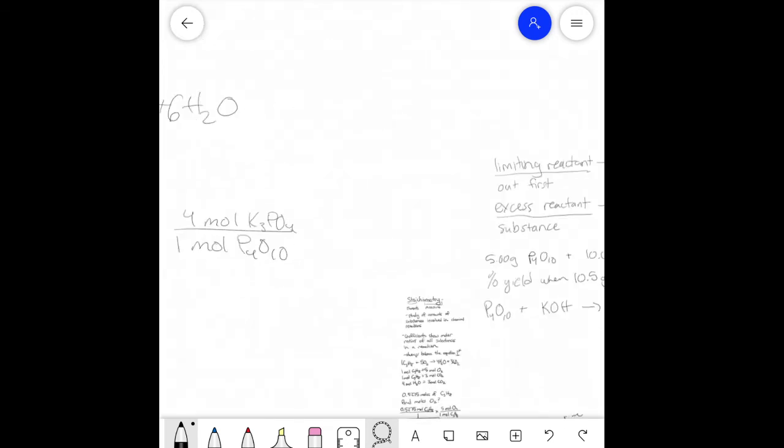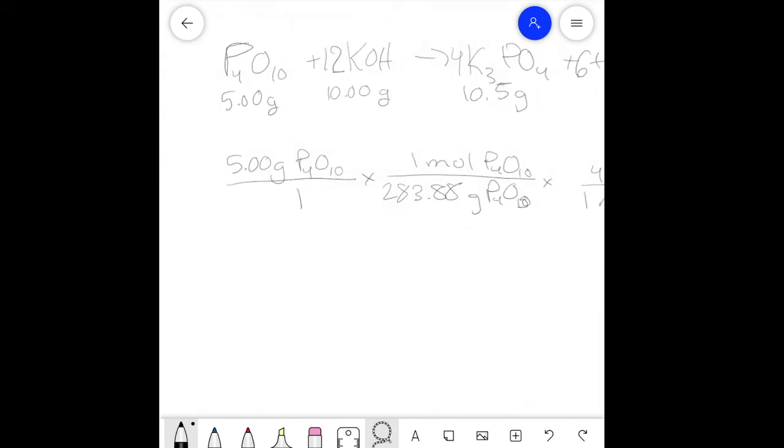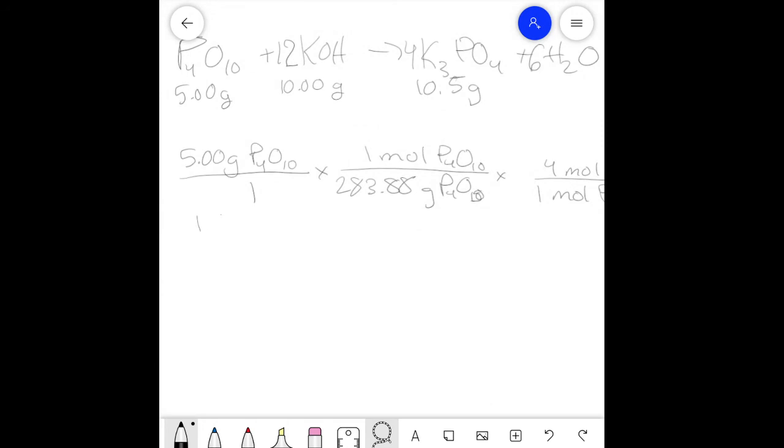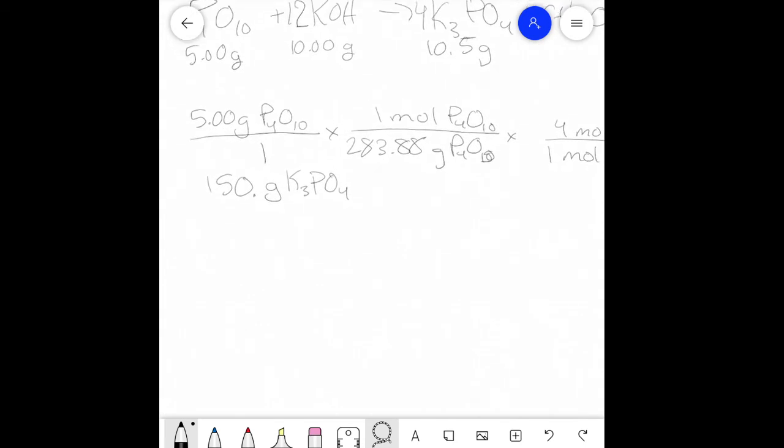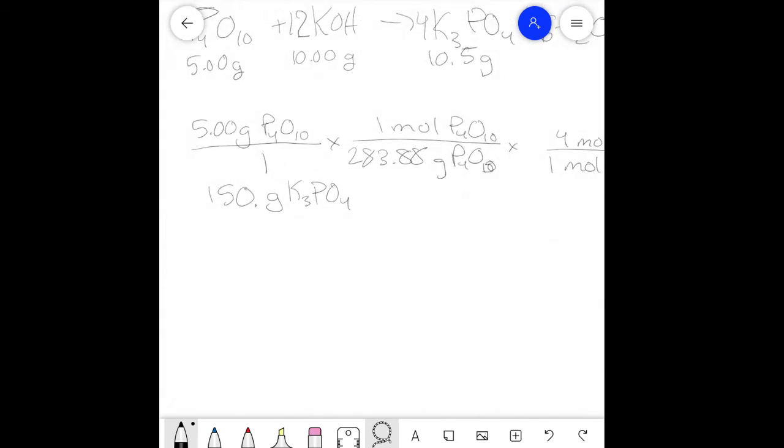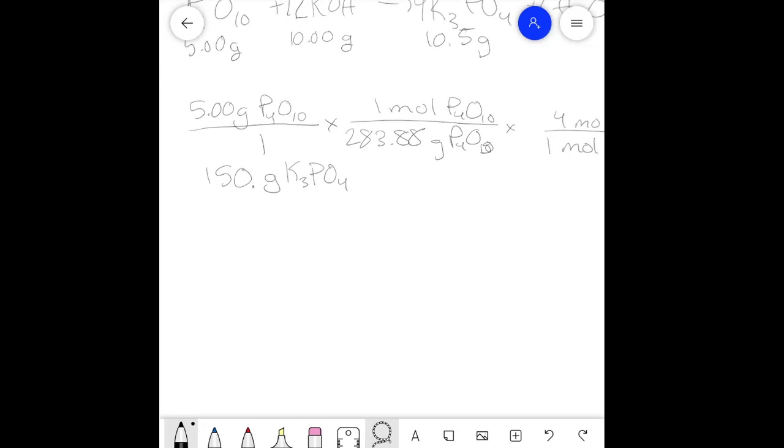And then we just need the molar mass of our product, which should be 212.27. And then that is going to give us 150 grams K3PO4.